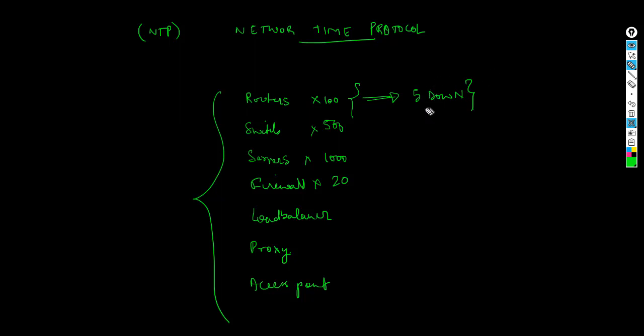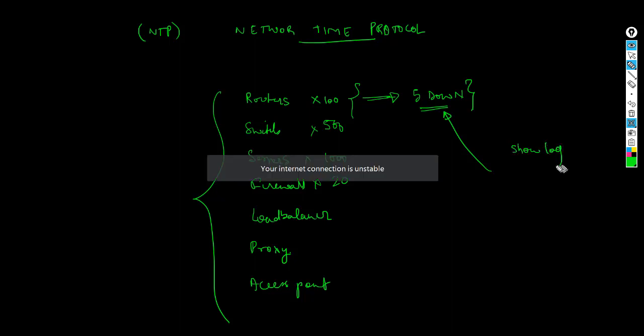Obviously you will open up these 5 devices and see what time each went down, what the timestamp is, what the logs are, or what the error or syslog message associated with that particular timestamp is. On routers, switches and firewalls, we have a command called show log.